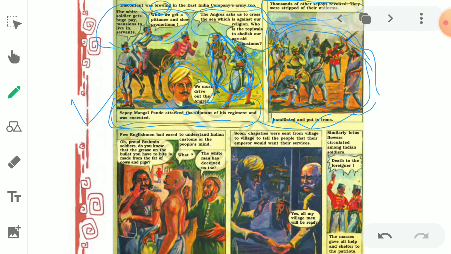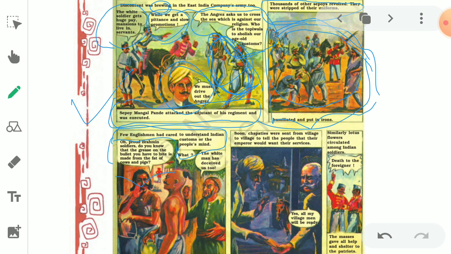Few Englishmen had cared to understand Indian customs or the people's minds. Few Englishmen. So they came to think about Indian people and their customs and all. They started to understand the mindset of Indian people. So how is it? Here it is given.